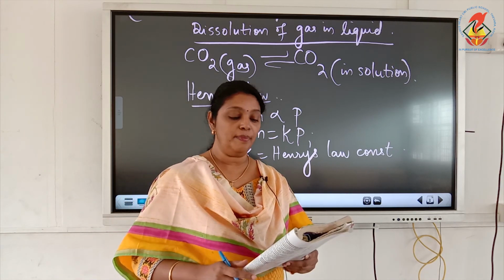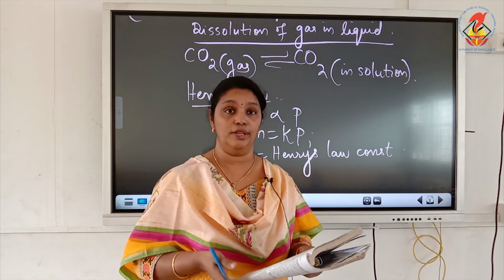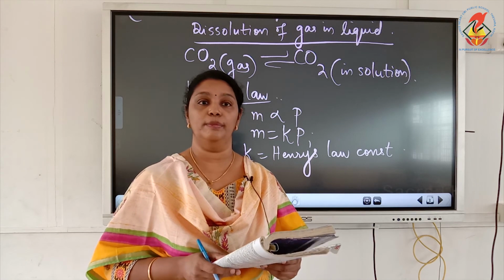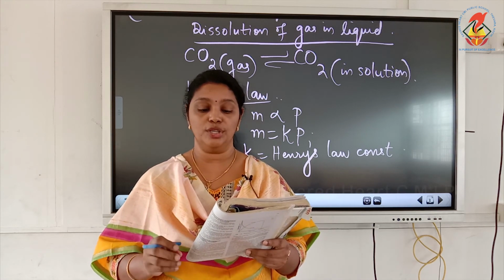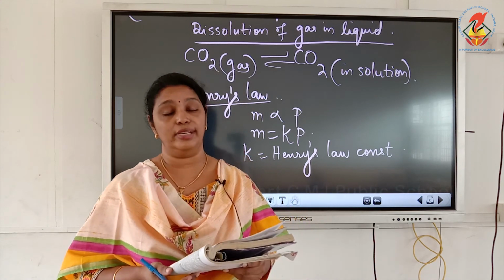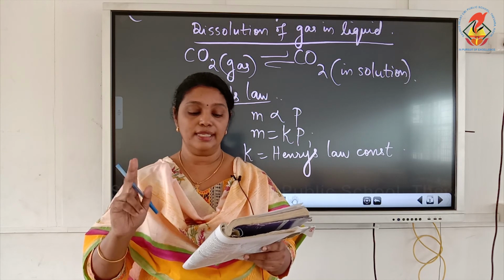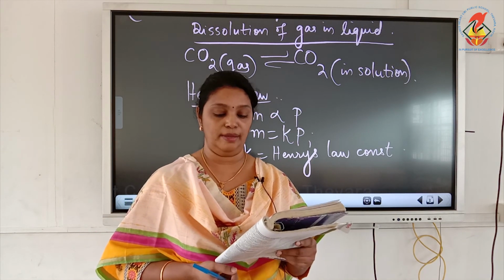Now to sum up, let's see once again. The first type was solid liquid equilibrium, where the melting point or freezing point is the temperature, and the physical quantity that remains constant there is temperature. Second is liquid vapor equilibrium, where the vapor pressure is constant at a given temperature.